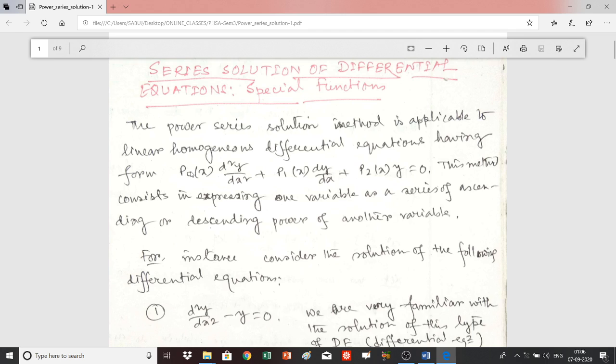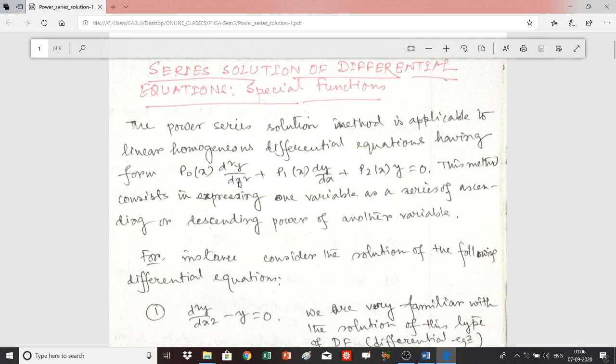Here p0(x), p1(x) and p2(x) are functions of x or maybe constants, and here y is to be expressed in terms of x, and this y can be expressed as an ascending or descending power of x.